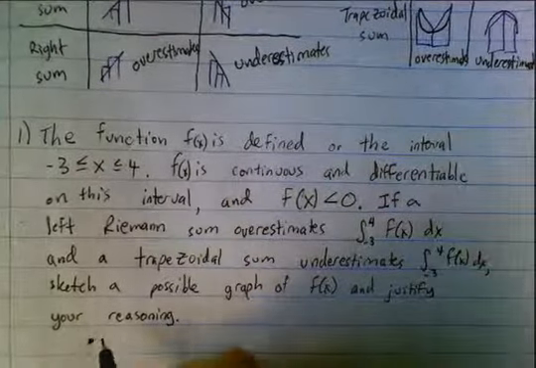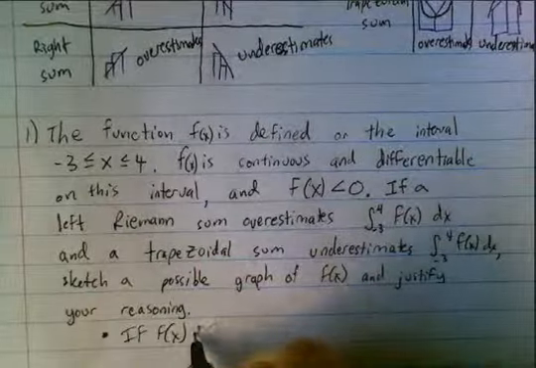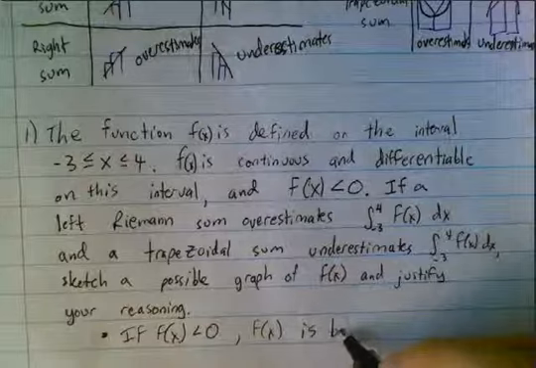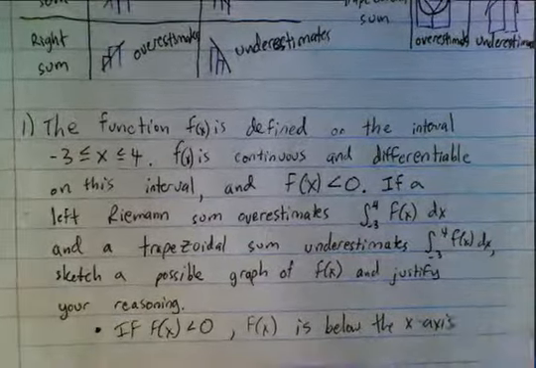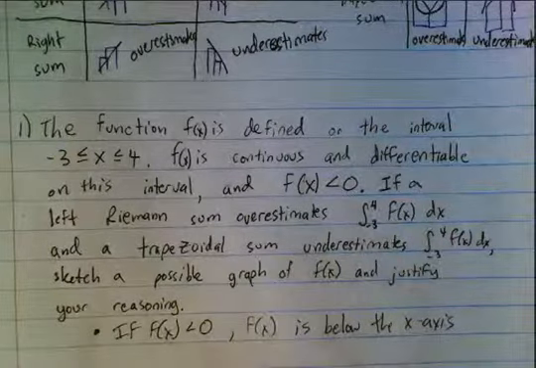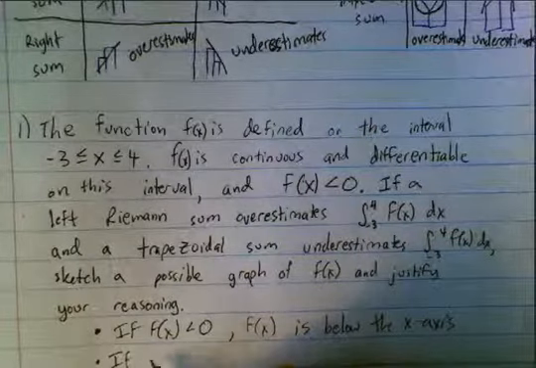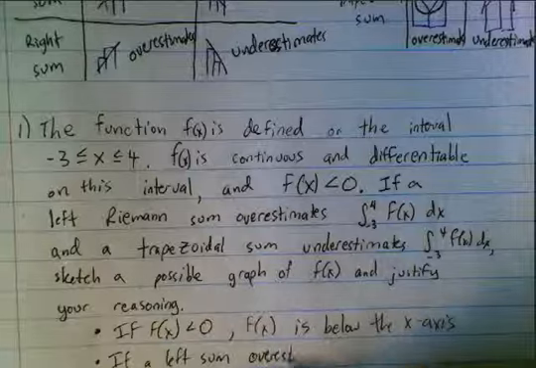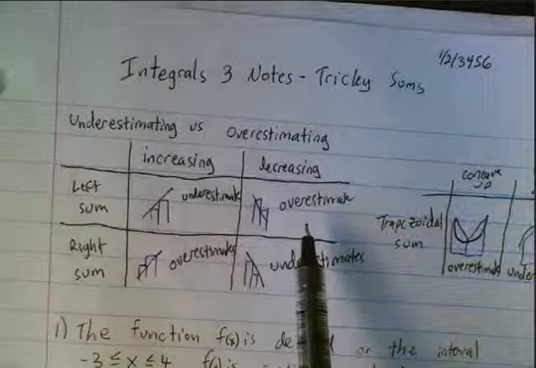So here's our reasoning. The first thing we can say is if f of x is less than 0, then f of x is below the x-axis. It's negative, that's all. We're also told that if a left sum overestimates, that means f of x must be decreasing.